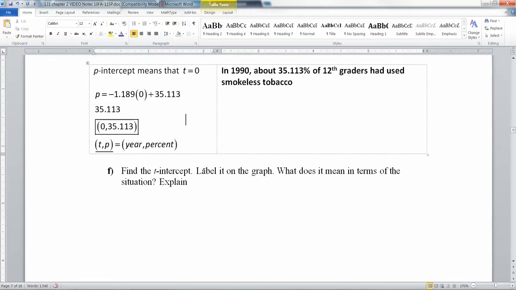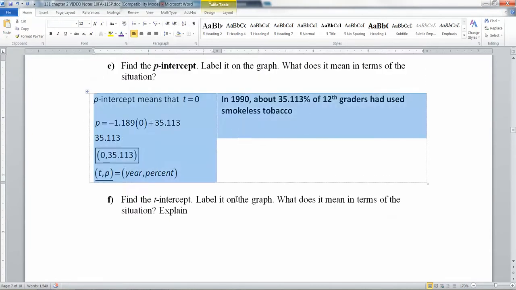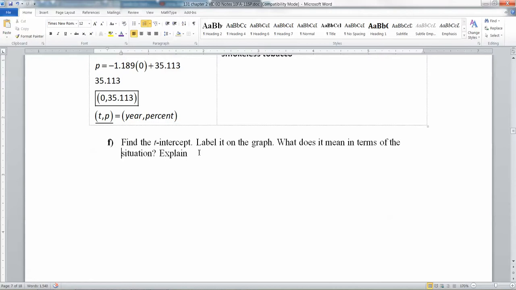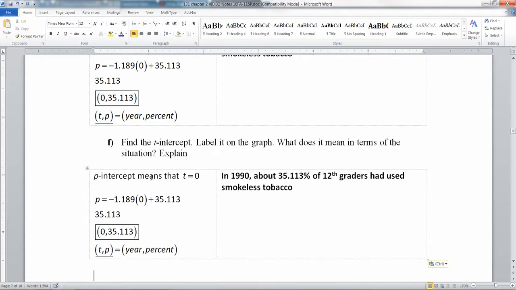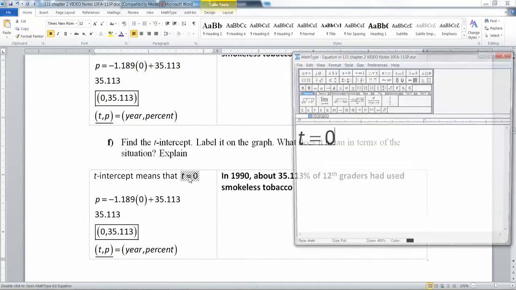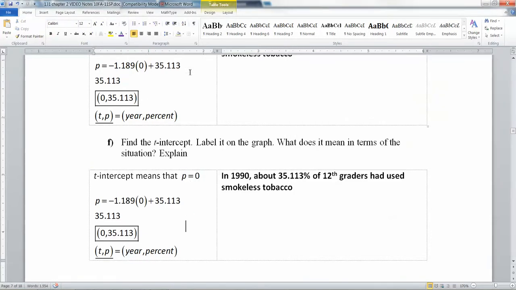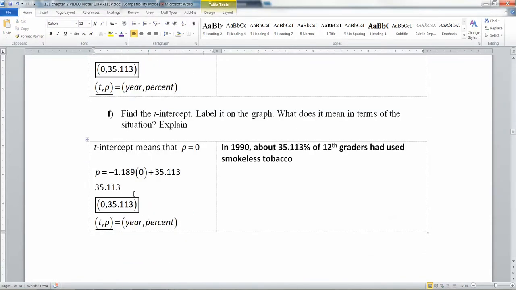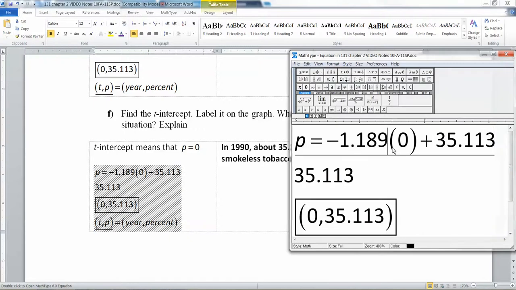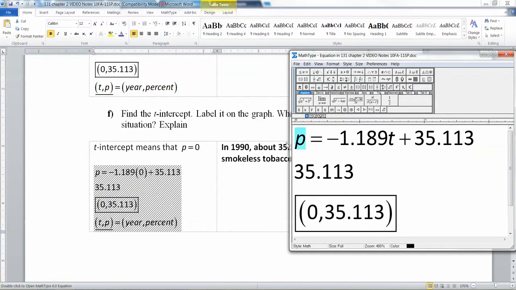Now for the next one, we need to find the t-intercept. It's going to be the same idea, but if you want the t-intercept, that's going to mean that p is equal to 0. This is going to be trickier to find. The other one was so easy because it was already solved for p. This one, I'm going to let this be t, but I'm going to put 0 right here for p.